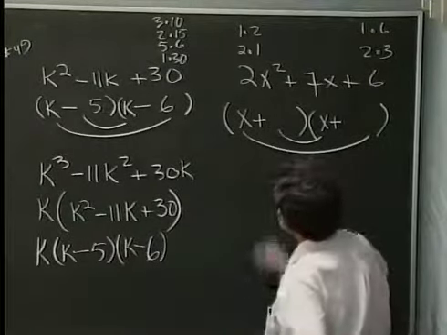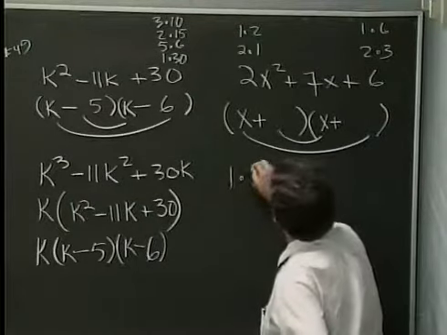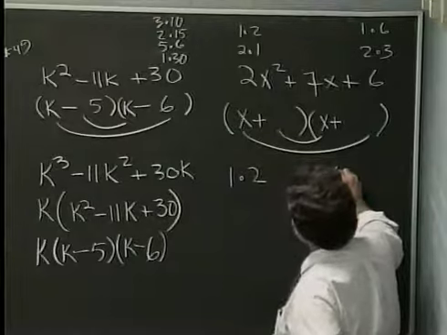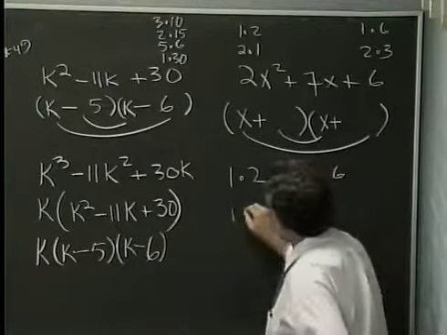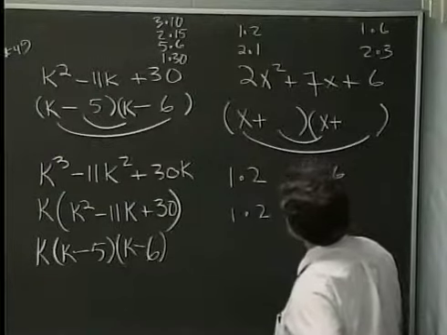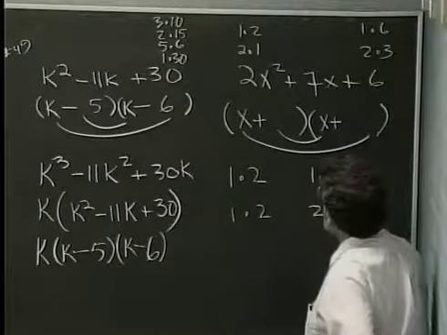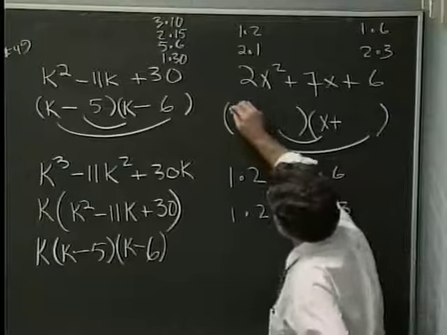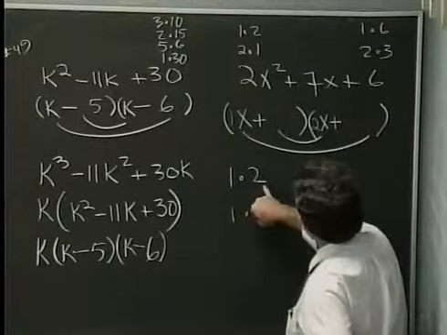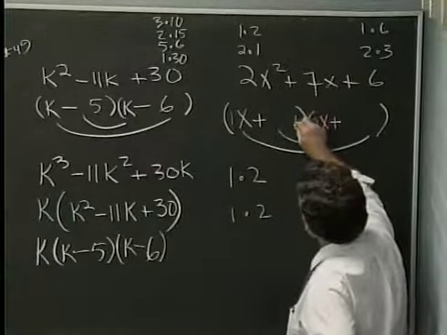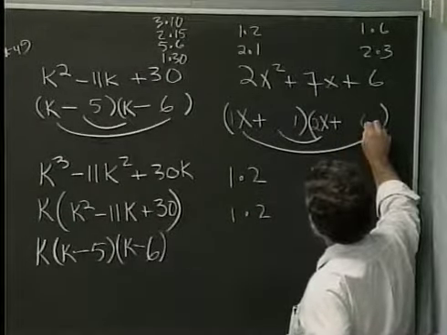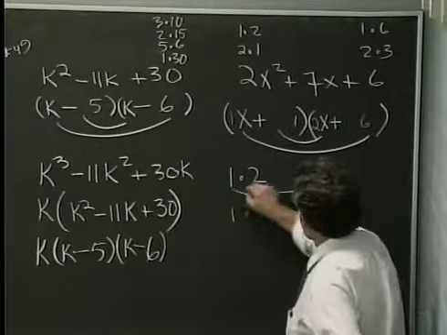So the question, as I look at this, if I take a 1, 2 and a 1, 6, or if I take a 1, 2 and a 2, 3, what would I be multiplying if, for example, this was the 1 here and this was the 2 here, so I have my 1, 2, and I put the 1 and the 6 here, okay? Do you see that that is equivalent to doing this?